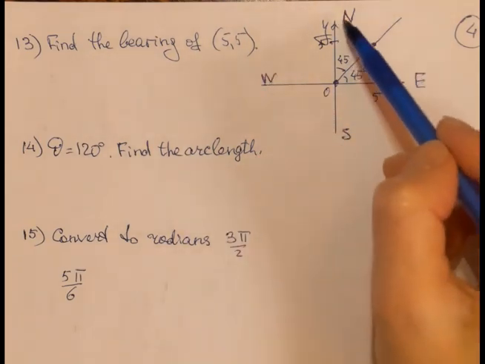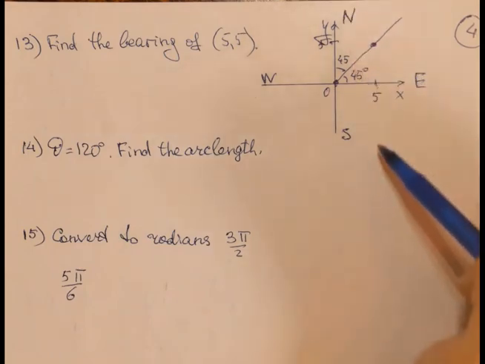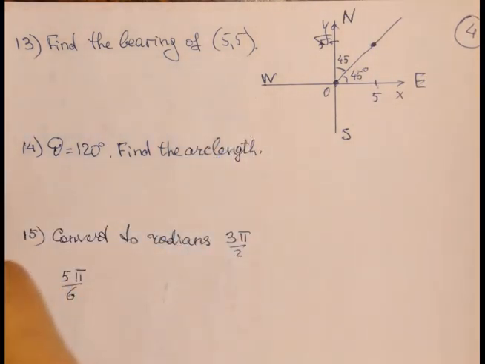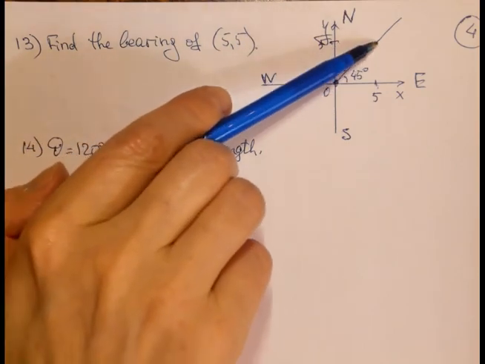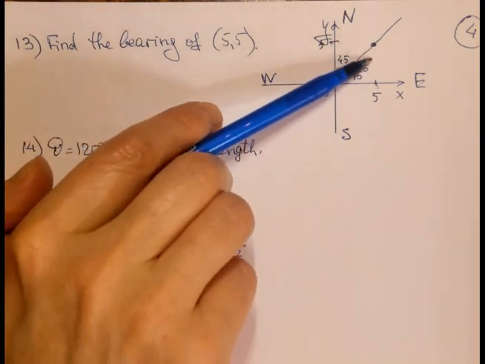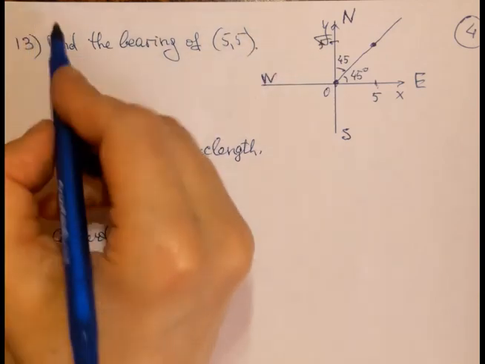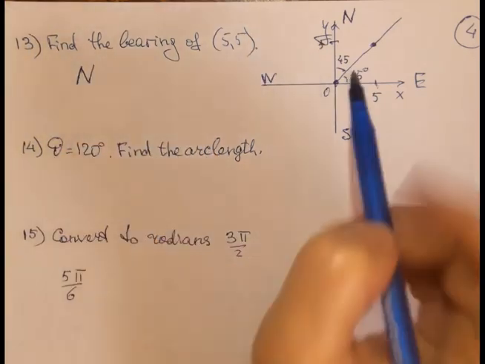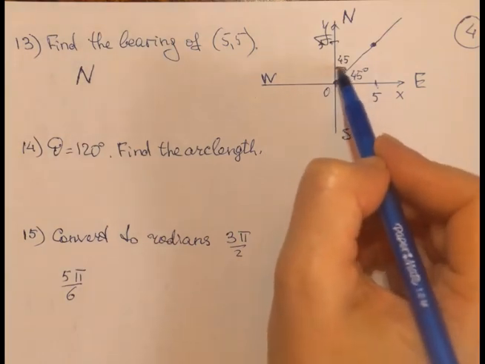And the second method of bearing starts from the vertical axis coinciding with the y-axis, and we start writing bearing from N or S. Then we give the measure of the angle.